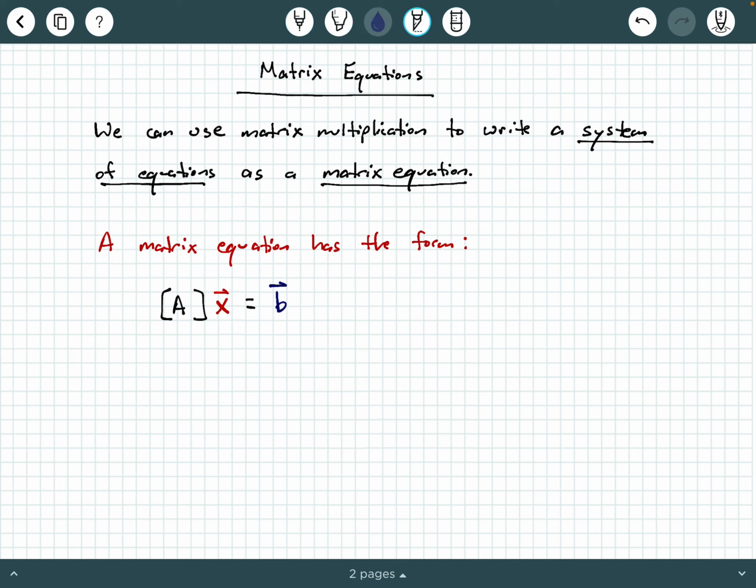We have a matrix A times a column vector X, and so I'll put this little vector notation above this term X, equals another column vector B.